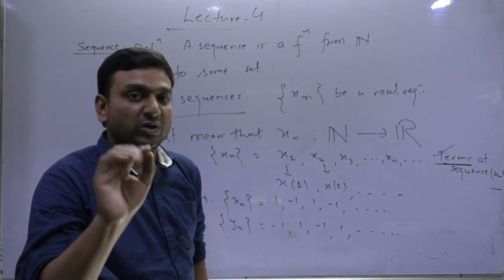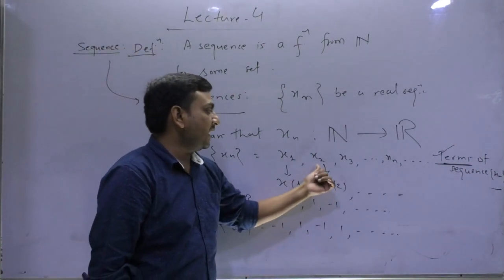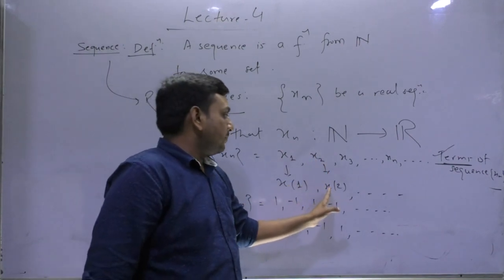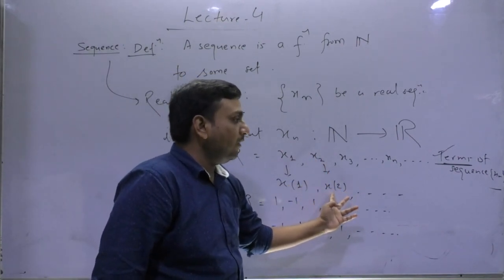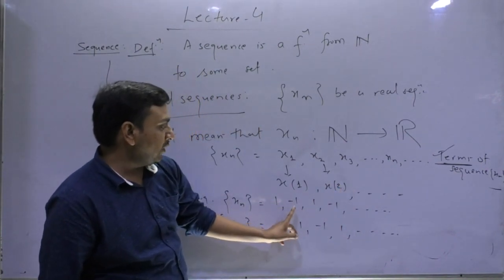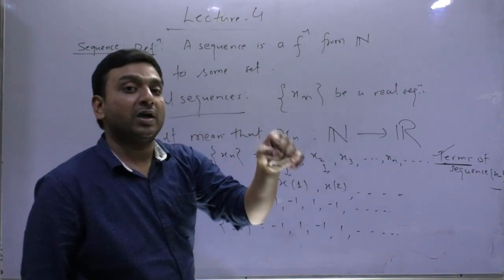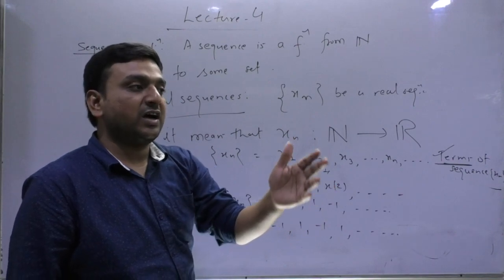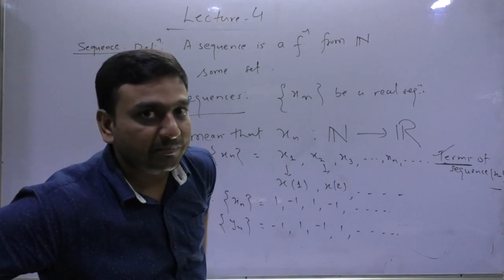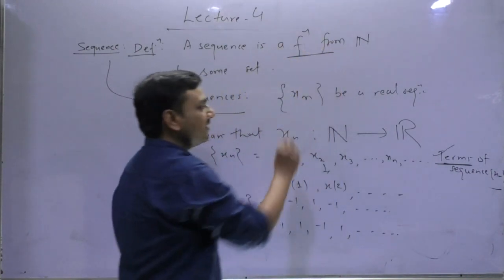Terms in a sequence are fixed. Why? Because when you say x2 means second term, it represents the image of 2. Here image of 2 is minus 1, there image of 2 is plus 1. So if the image under some function is different, those two functions cannot be the same. Getting my point? Understanding why I told you the definition?